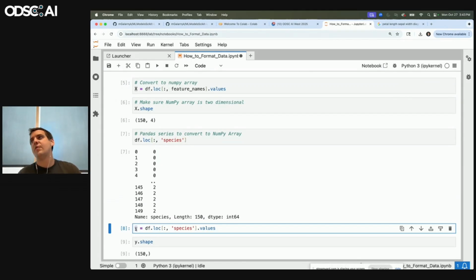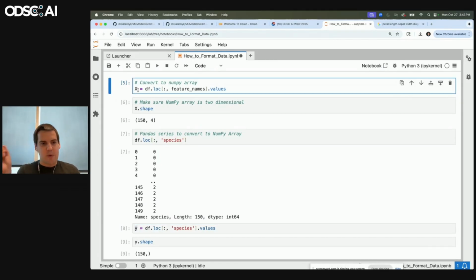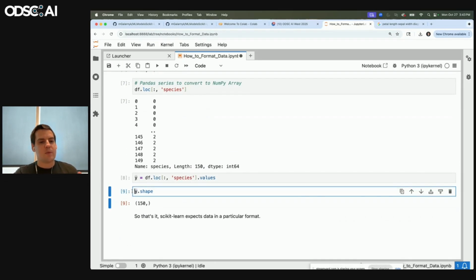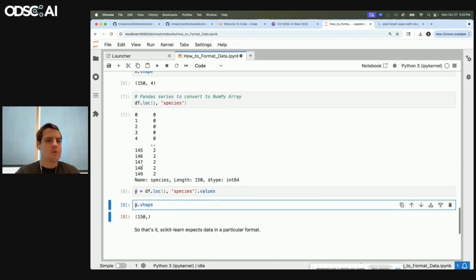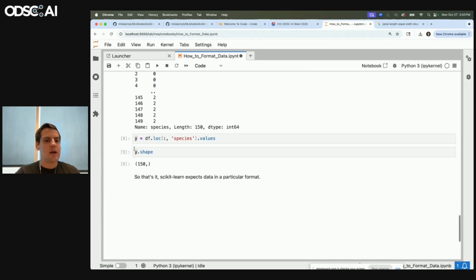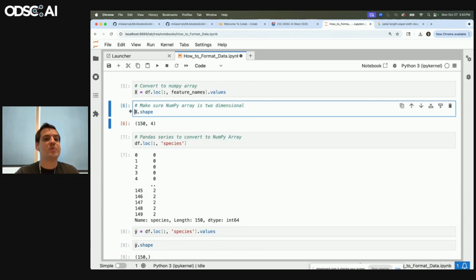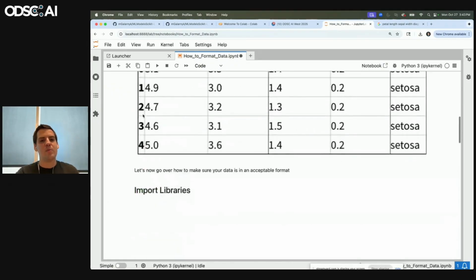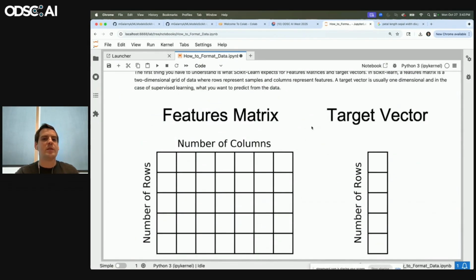If you have a math background, you'll remember that in mathematical notation, typically a capital letter denotes a matrix, which is 2-dimensional in nature, and a lowercase letter denotes a vector. So this is a matrix, and this is a vector. This is our target vector, and this is our features matrix. That's often how you hear people talk about features matrices and target vectors.